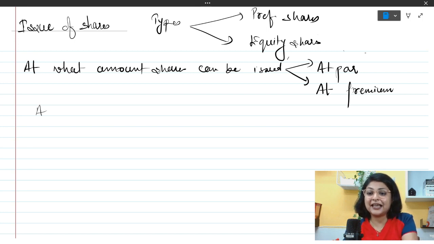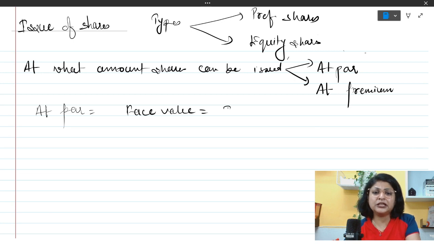So understand what at par means. At par means face value is equal to the issue price. Don't worry, I'm explaining in a while the meaning of both face value and issue price.